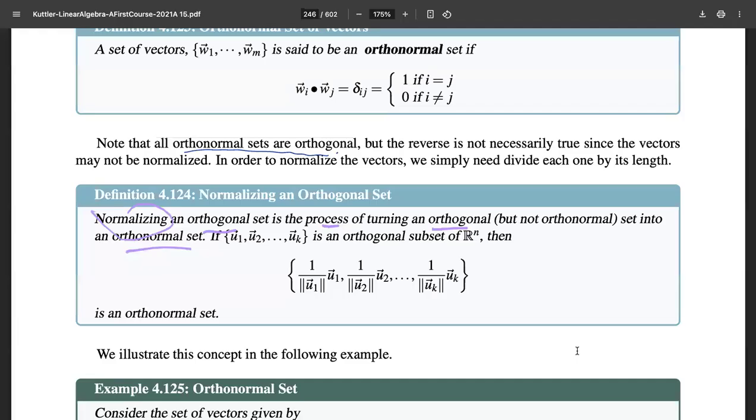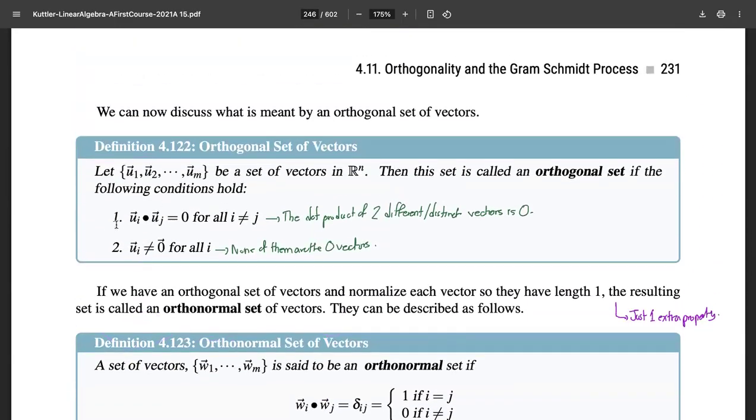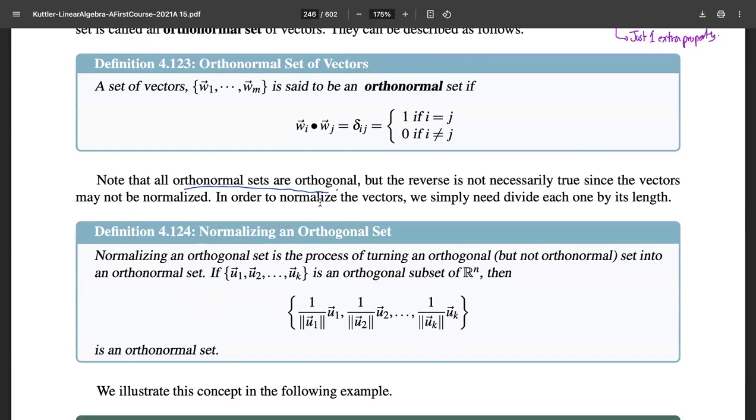So let me repeat that again. Normalizing an orthogonal set, a set that only satisfies these two conditions, involves dividing each vector by its own length in order to get an orthonormal set.